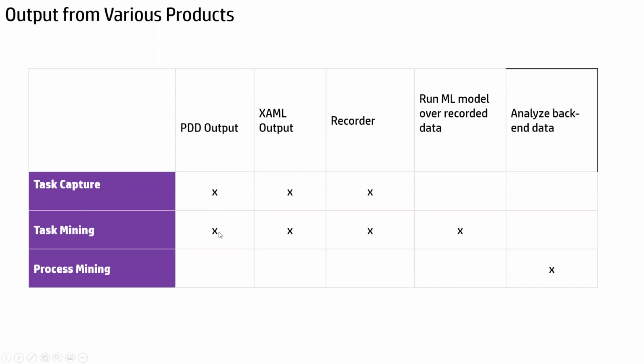Both generate PDD, YAML output, and recorder, but running a machine learning model on your logs is not possible via task capture. Here it processes your logs and generates this document. Here you are directly generating this document. And here you're just analyzing a lot of backend data to identify process improvements.